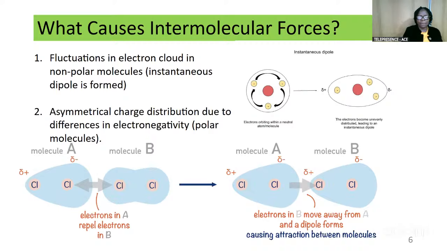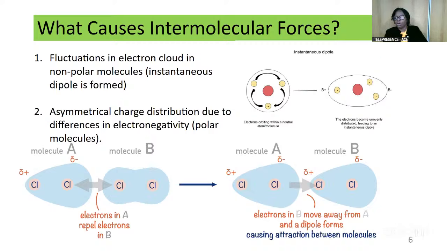So this is what happens. As you can see in this particular example that I gave here, an instantaneous dipole has been formed. This is just what I've explained, where you have electrons orbiting within a neutral atom or molecule.